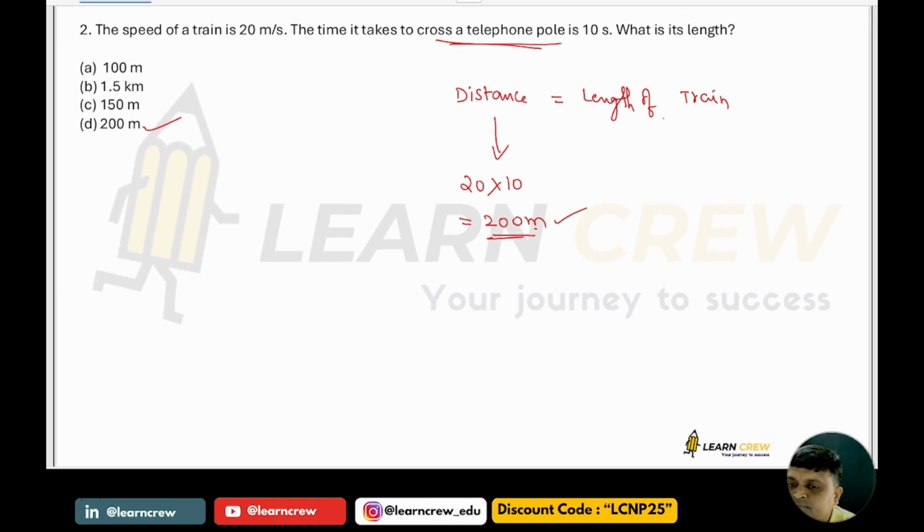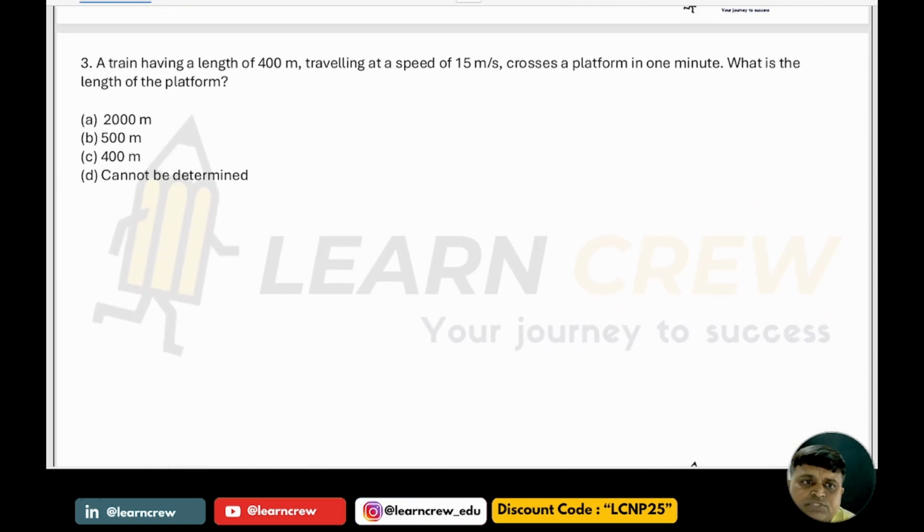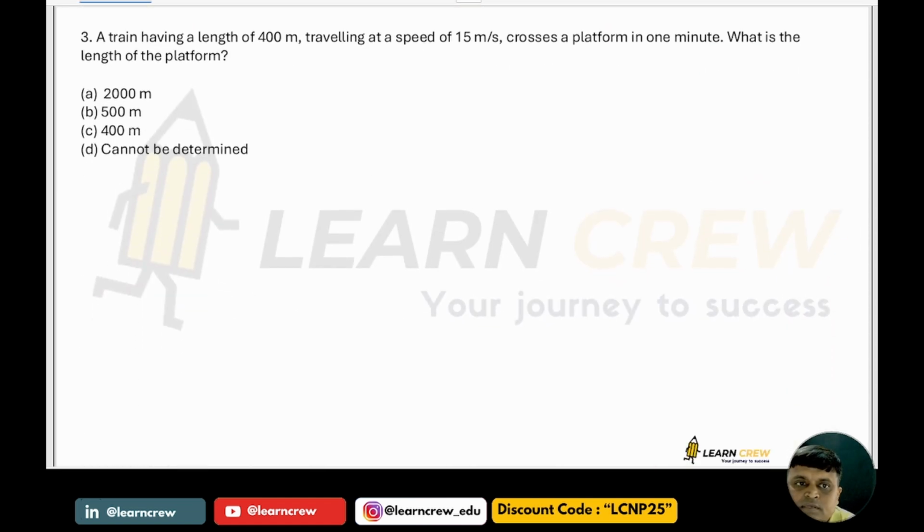Now the third question. A train of length 400 meter traveling with a speed of 15 meters per second crosses a platform in 1 minute. 1 minute means 60 seconds. What is the length of the platform? When a train crosses a platform, the distance covered is equal to the length of the train plus the length of the platform. Yes or no?